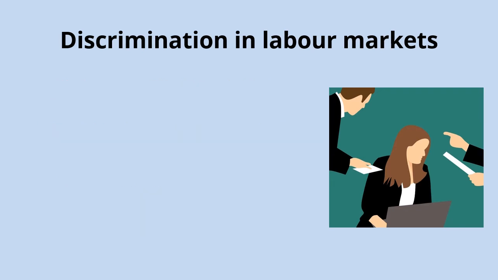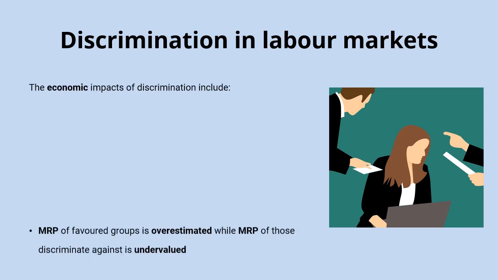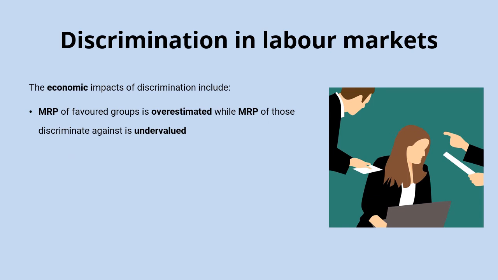A bit like with inequality and poverty, I think it would be very, very easy to talk about the significant moral and ethical problems that we would have with discrimination in labour markets. But remember that we're studying economics here, so the focus of our argument should really be on economic impacts. And a really good concept to use when talking about economic impacts in labour markets is to consider the impact on the MRP, the marginal revenue product of labour.